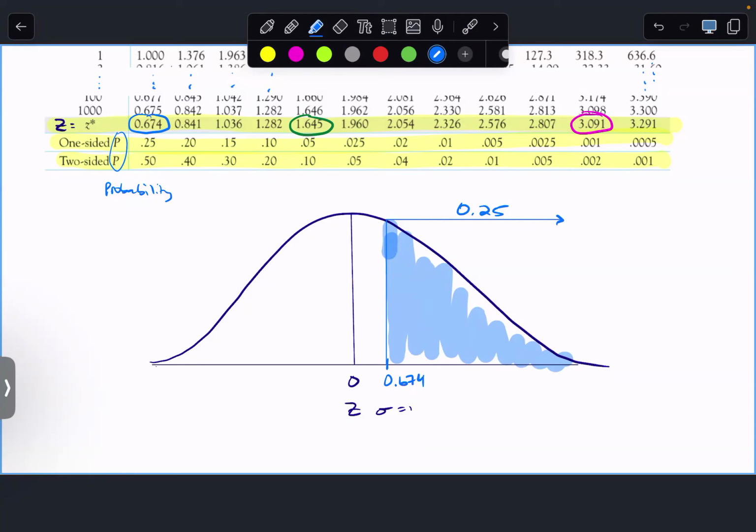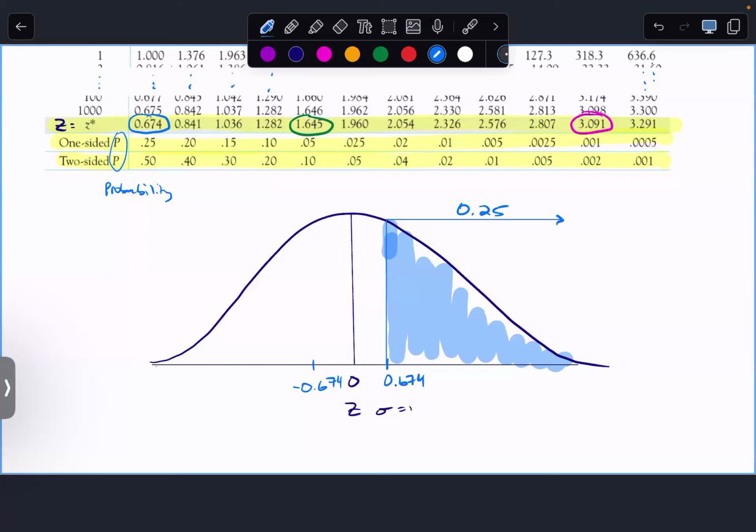So that area, we're told, is 0.25. One of the things we know about the normal distribution is that it's symmetric. In fact, it's going to be symmetric about the mean. So what else do we know here? I can go down to negative 0.674.